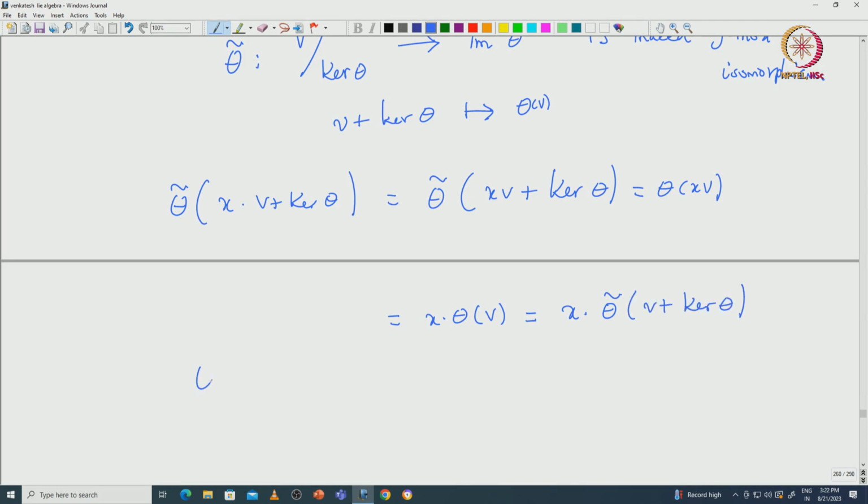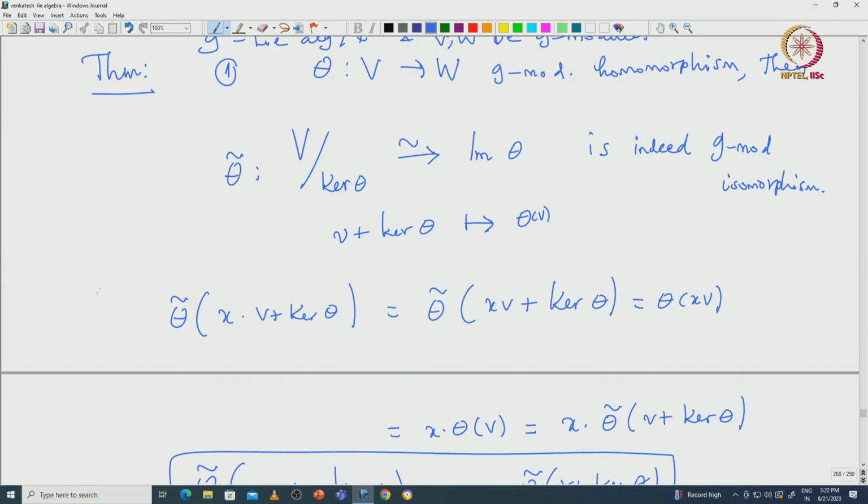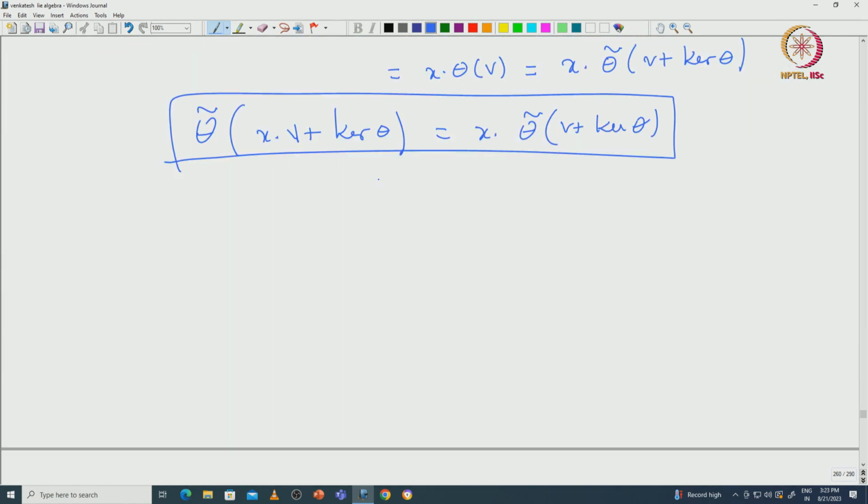So, this is what we wanted: theta tilde of x dot v plus kernel theta equals x dot theta tilde of v plus kernel theta. This is very easy to check. It is an elementary fact from linear algebra that theta tilde is an isomorphism, so I will leave it to you to check.